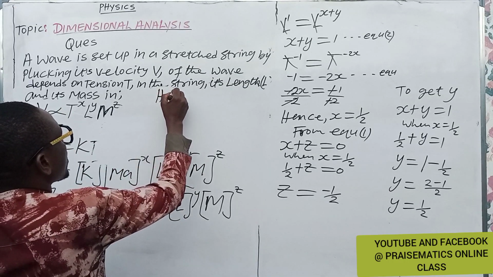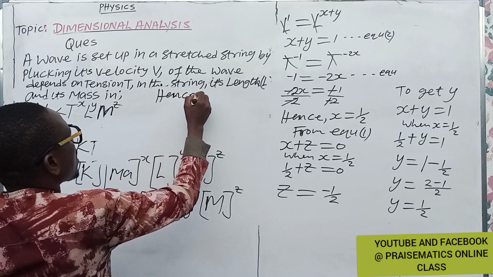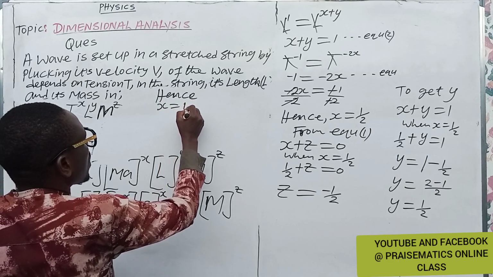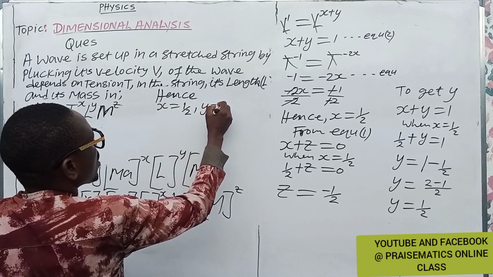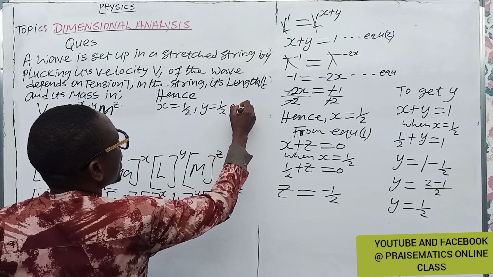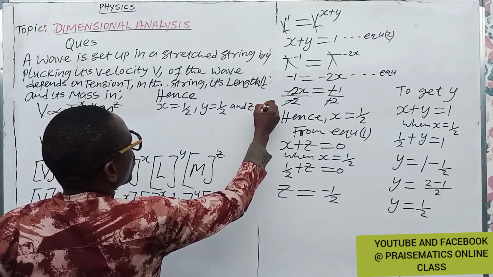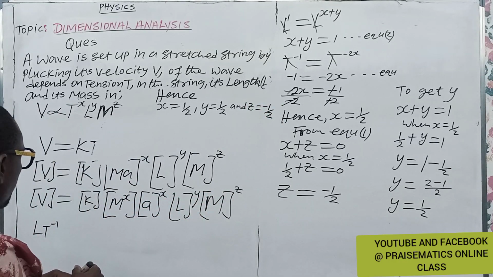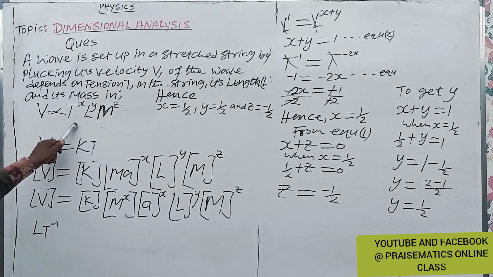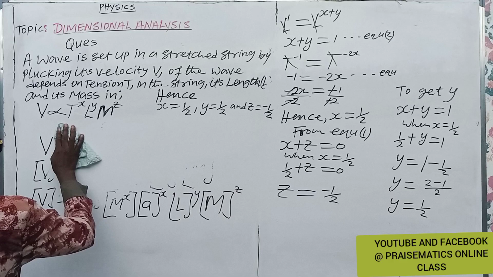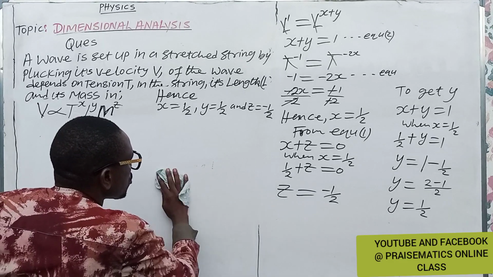Okay. Hence, generally, X is equal to 1 over 2, Y is equal to 1 over 2, and Z is equal to minus 1 over 2. Okay. Now let's go back to this equation. We want to establish the relationship.